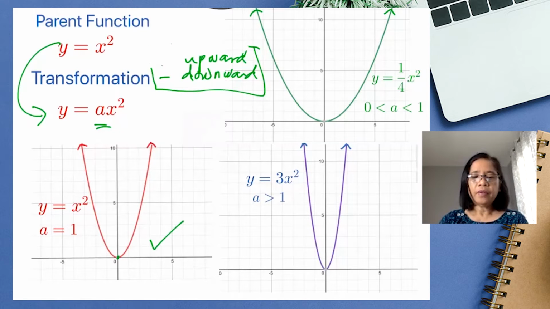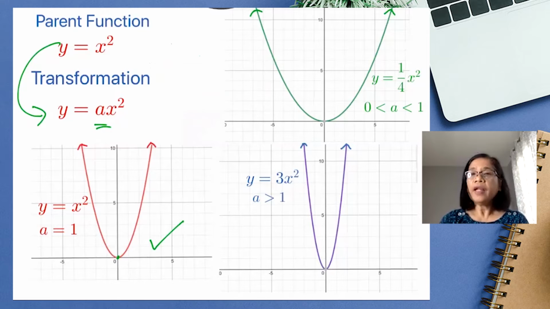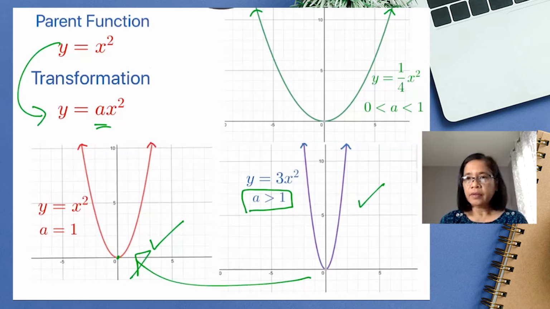If the value of a is positive and greater than 1, how does this graph compare to the graph of the parent function? The effect of a is on the width or the opening of the parabola. As we change a from 1 to 3, the graph narrows.